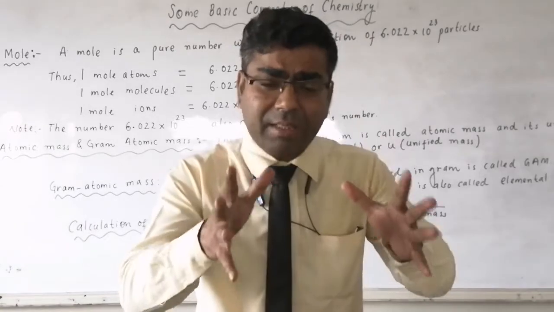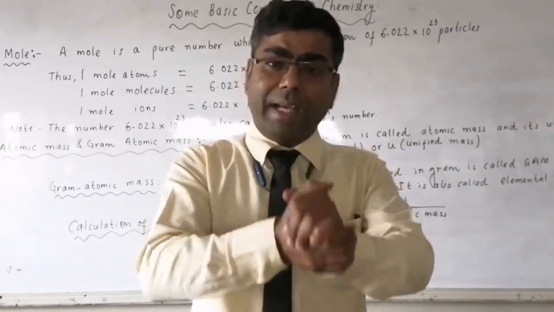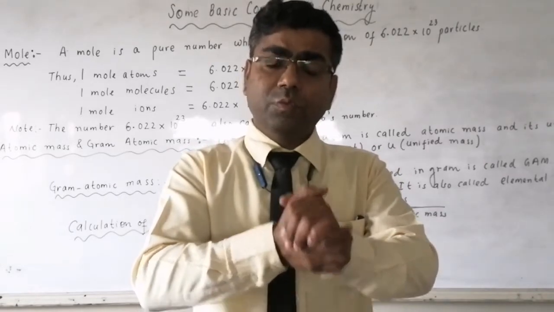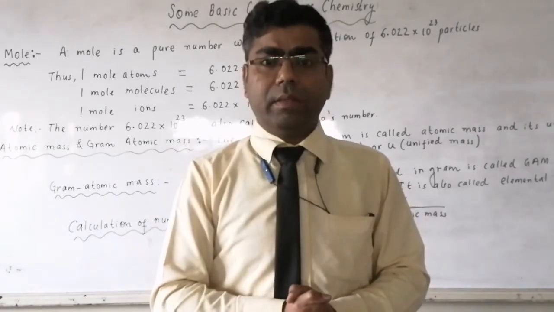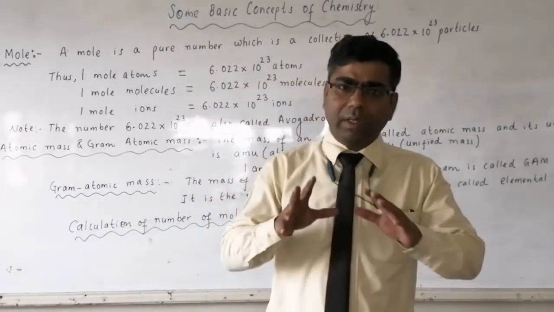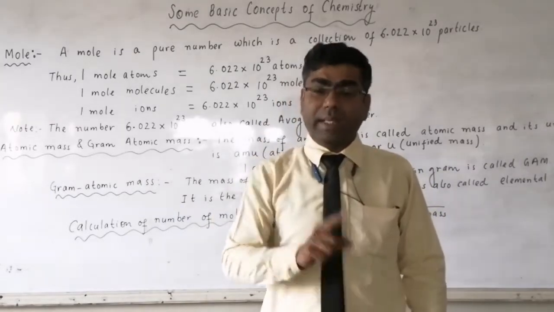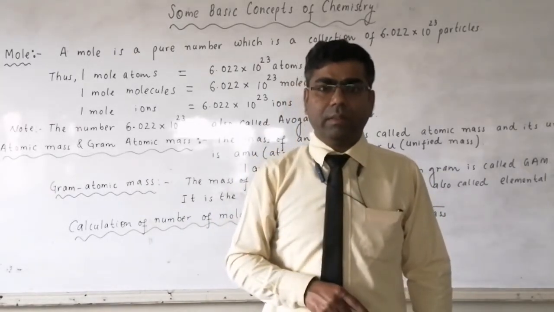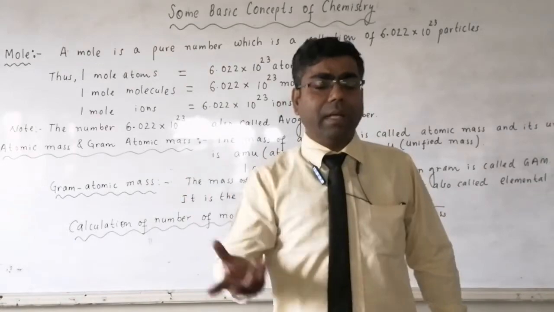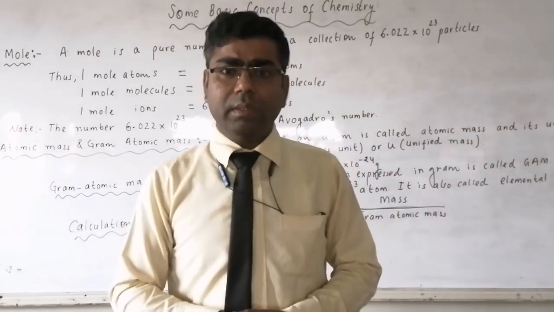When such a large number of N atoms are taken, its mass becomes 14 gram. And this is also called elemental mass. So whatever we see in the periodic table, it's not the atom, it's the element. Because an atom is not visible, but elements are visible. You can see gold, you can see silver, etc.